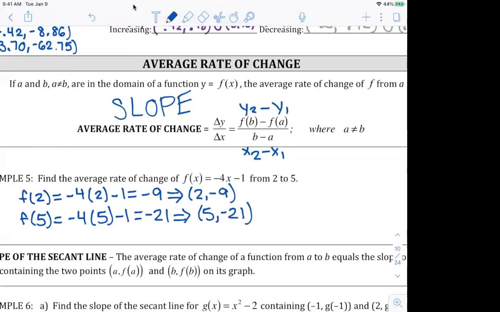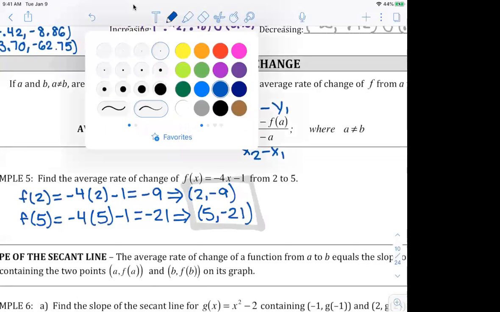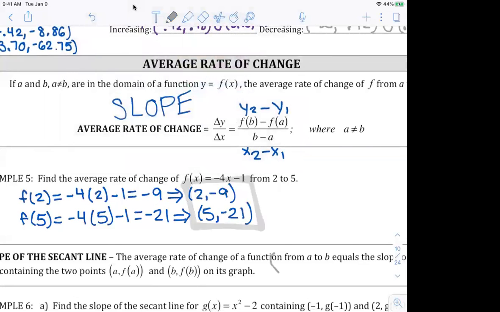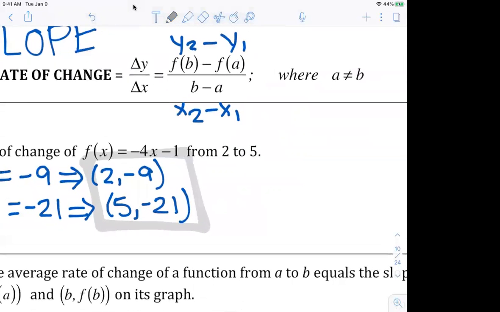So my suggestion for you is to create 2 points, because you all know how to calculate slope given 2 points. Plug the x values in to find y and then do your slope formula: y2 minus y1 all over x2 minus x1. On the top, we're going to get a plus plus, so that's going to get me a -12 over 3.